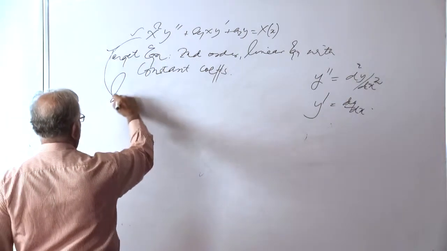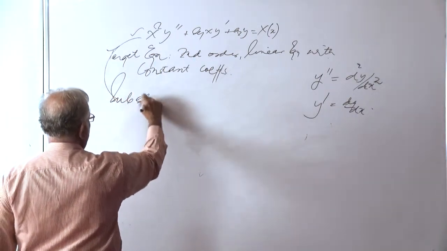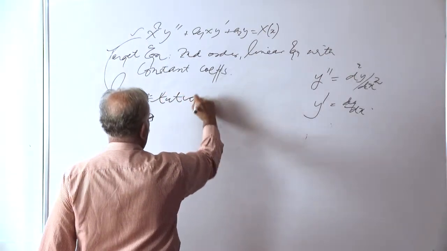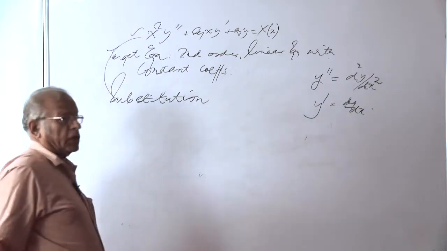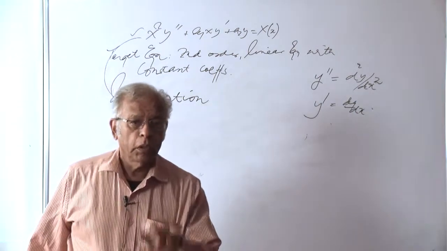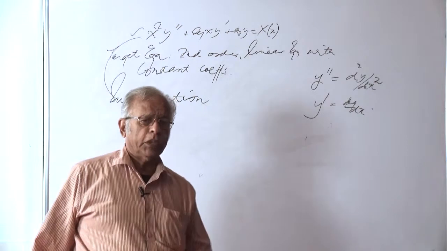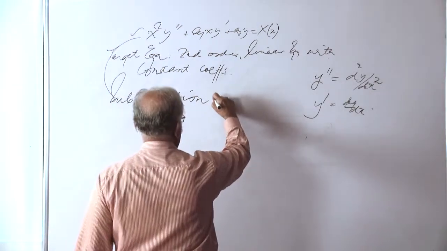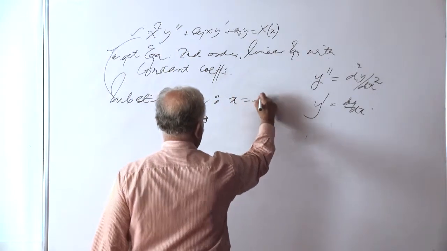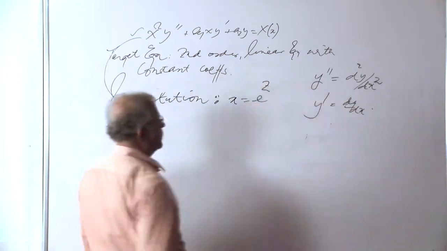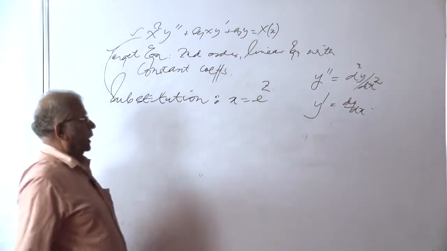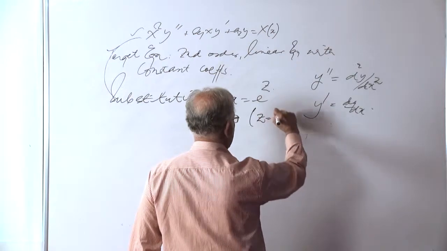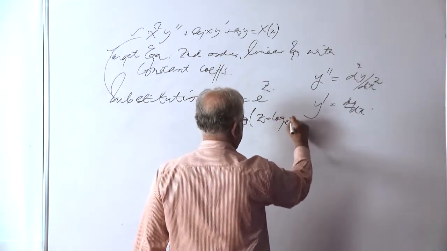The substitution that converts the equation to a linear second order equation with constant coefficients is very simple. x is equal to e to the power of z. In other words, this also implies that z is equal to log base e of x.